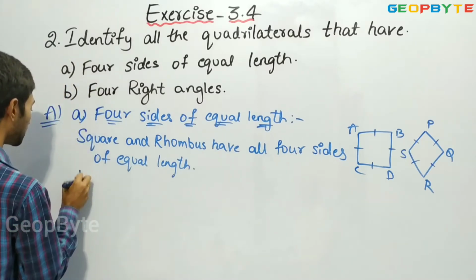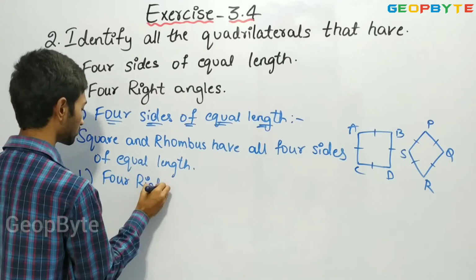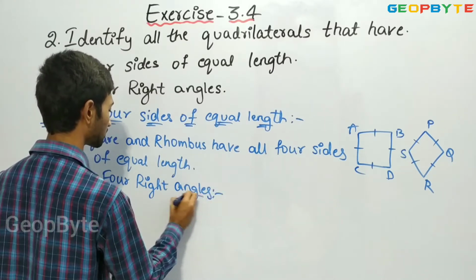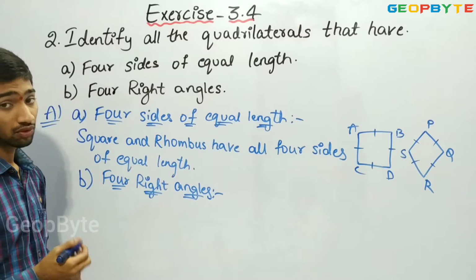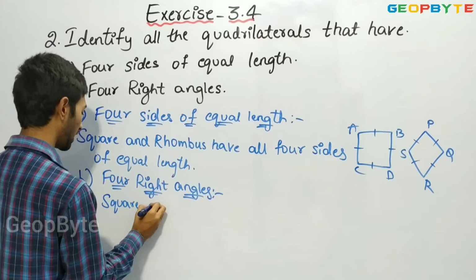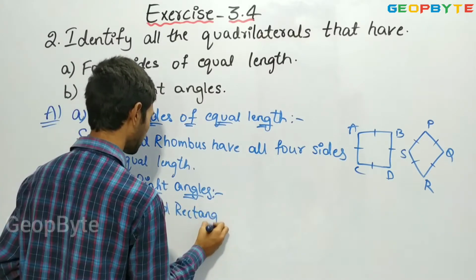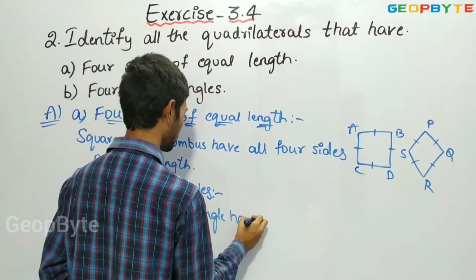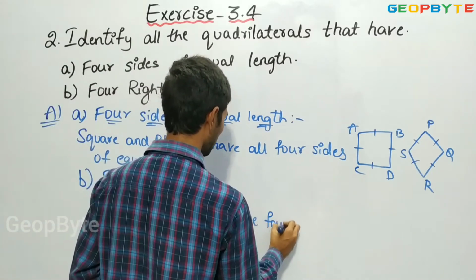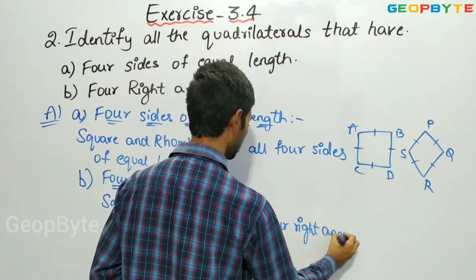Now let us see B. 4 right angles. So we know that square and rectangle have 4 right angles.